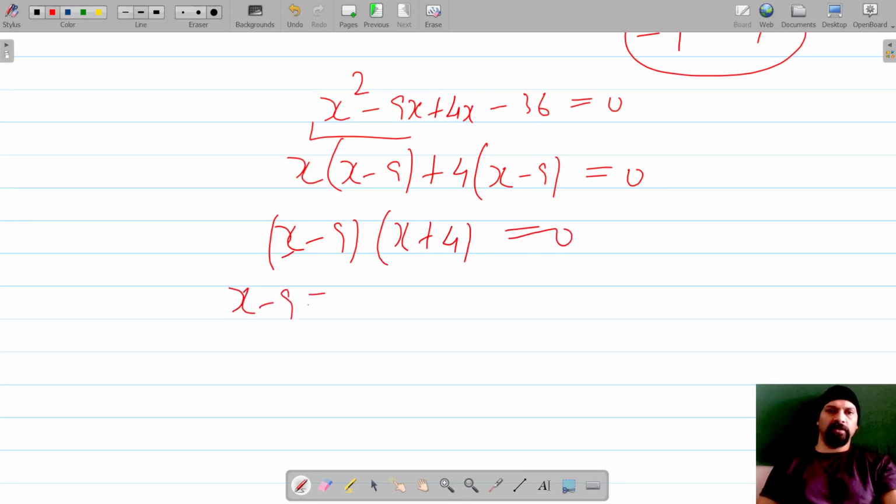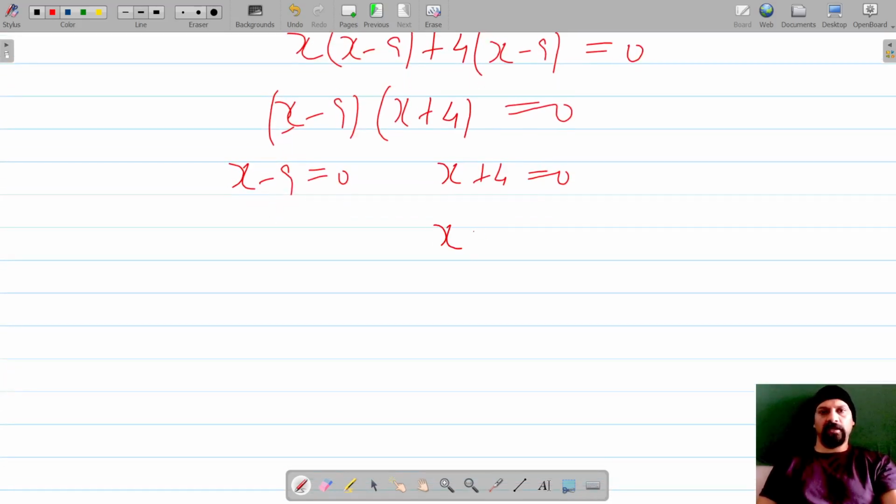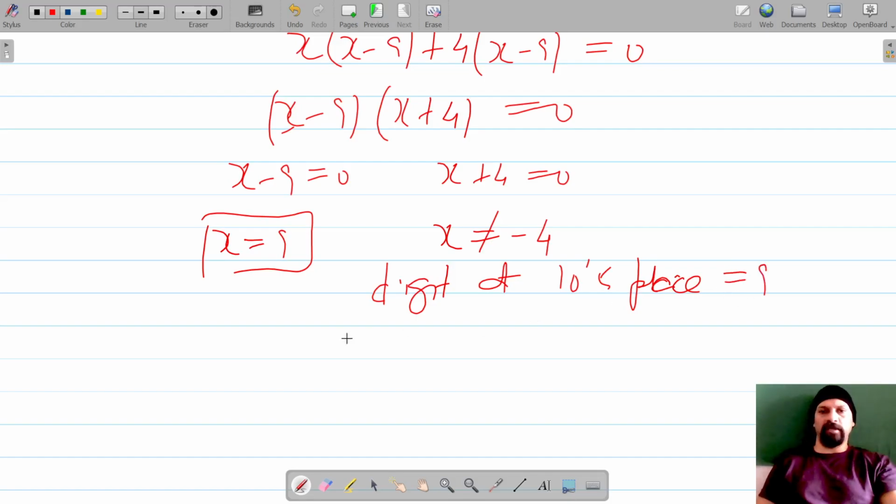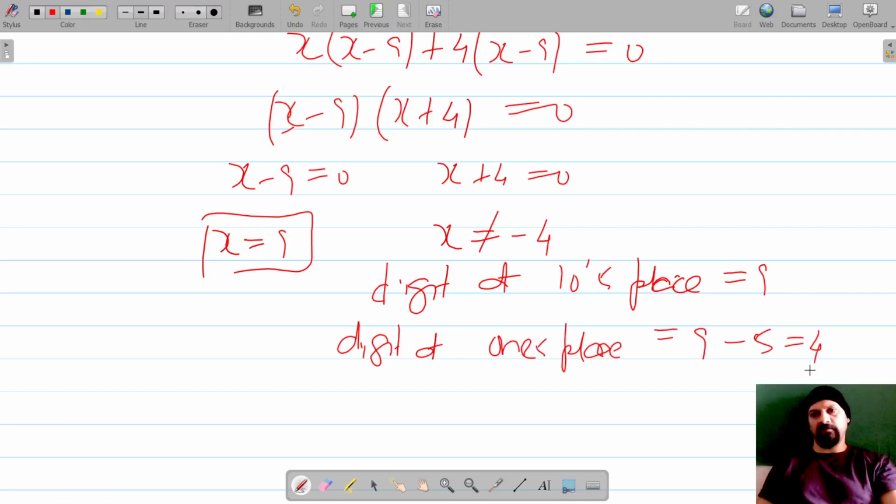So that means either x minus 9 is 0 or x plus 4 is 0, and x cannot be negative, so our value for x is 9. So digit at tens place is equal to 9, and digit at ones place is 9 minus 5, which is equal to 4.